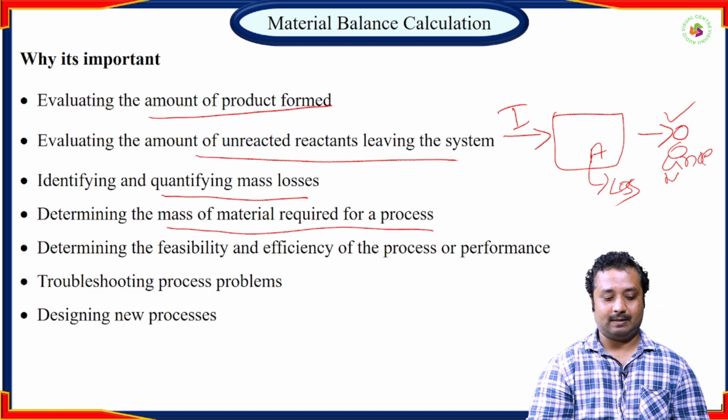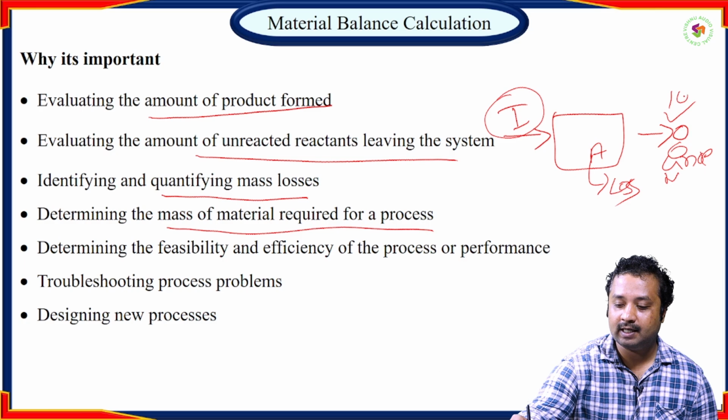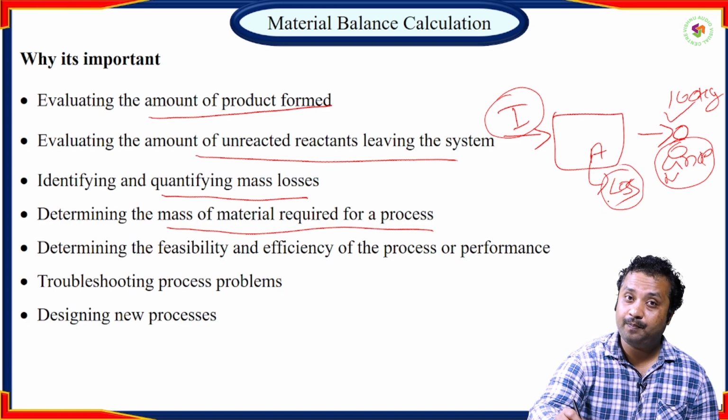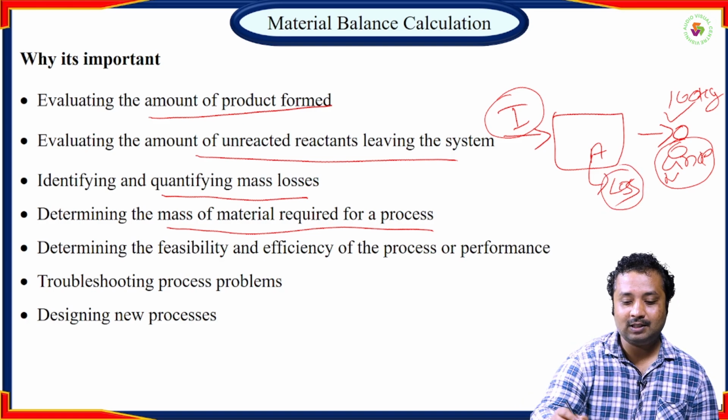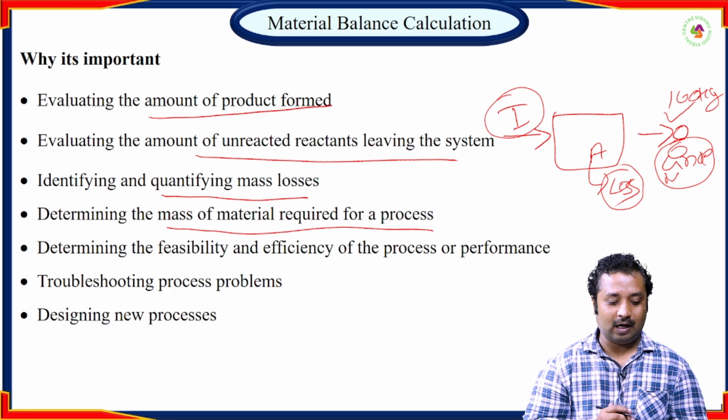And we can calculate the amount of material required. Suppose we need 100 kg of product. By considering the unreacted or unprocessed material and the amount of loss, the amount of input that we should give, that also we can calculate by using this material balance calculation.